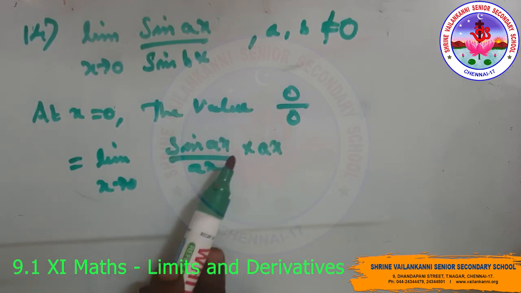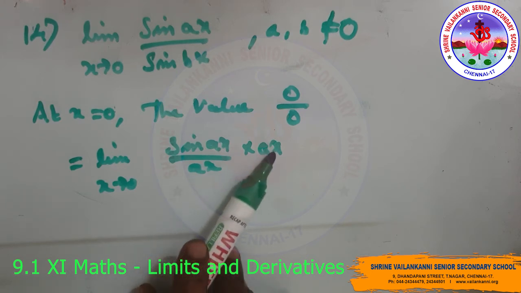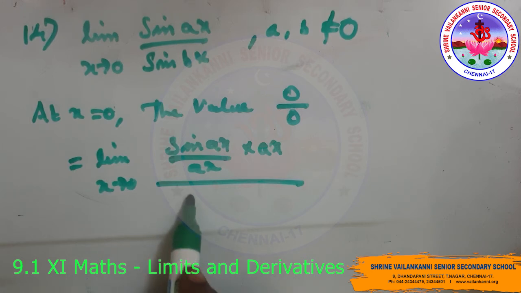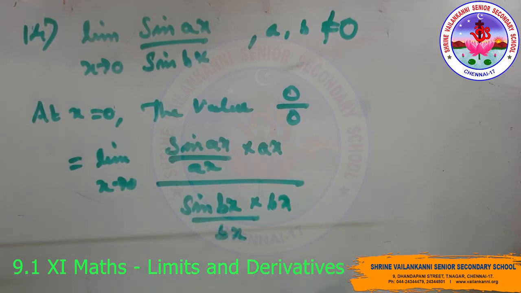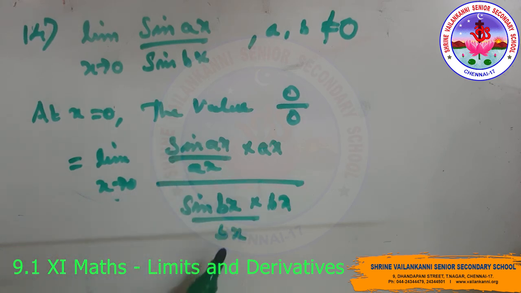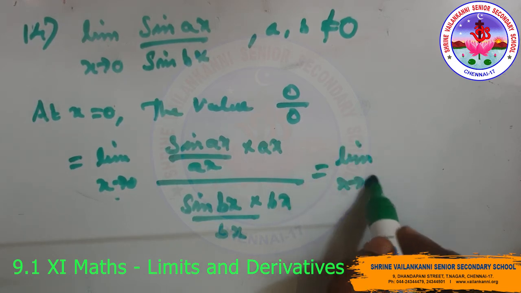Multiply the numerator by ax and the denominator by ax, and multiplying the denominator by bx and dividing by bx, so that we can form the result like limit x tends to 0 sin ax by ax by sin bx by bx, which is equal to limit x tends to 0.